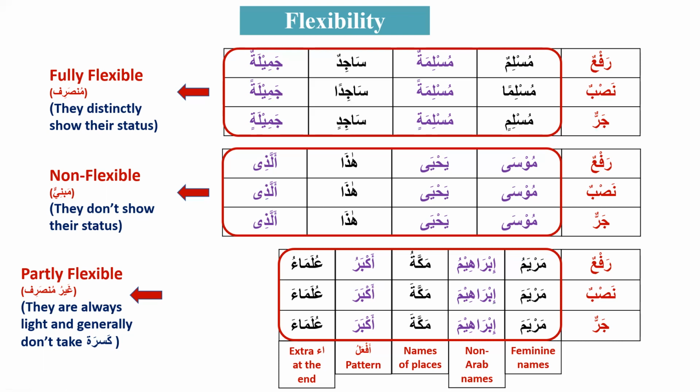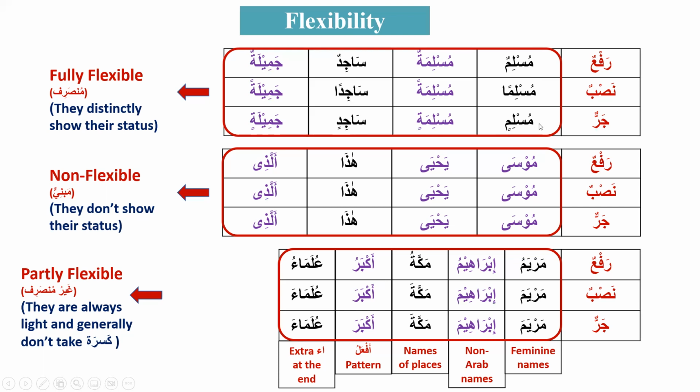So Muslimun, for example, comes in an ayah with the rafa status. Most likely it will be a doer, the one who is doing an action. And if it is Musliman, it will most likely be the one who is on the receiving end of the action. And if it is Muslimin, it can be for two reasons.